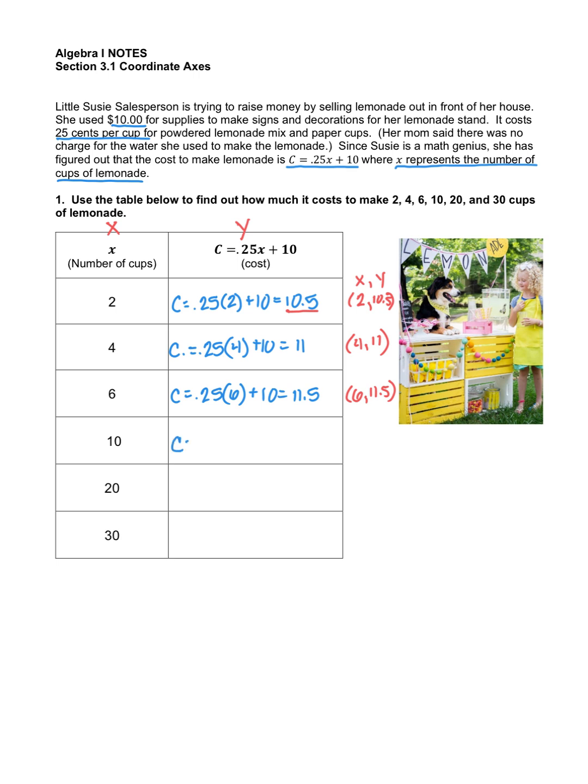Next, C equals 0.25, and our x is 10, so let's plug in 10 plus 10 equals 12.5, and our coordinates, our x is 10, and when our x is 10, our y is 12.5.